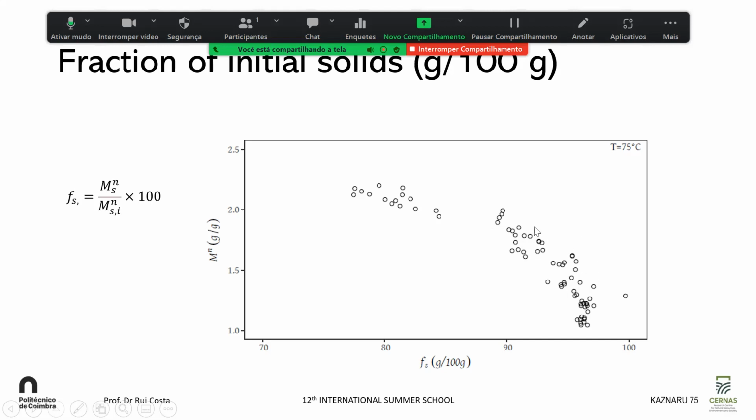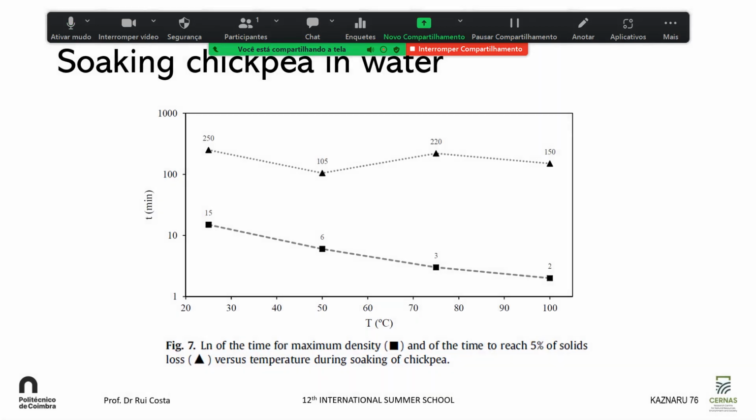So we should stop the process around here. So it's good to make the plot like this, water content versus fraction of initial solids, to see the point where we should stop soaking, where we are losing a lot of solids and not gaining much water. So this is relevant, in my opinion.